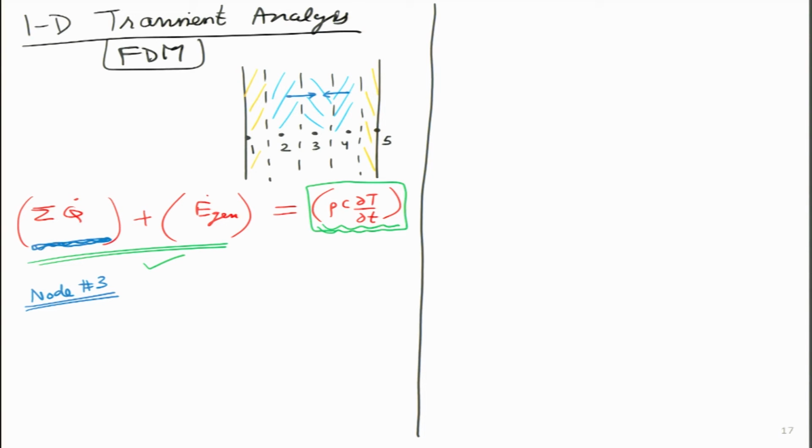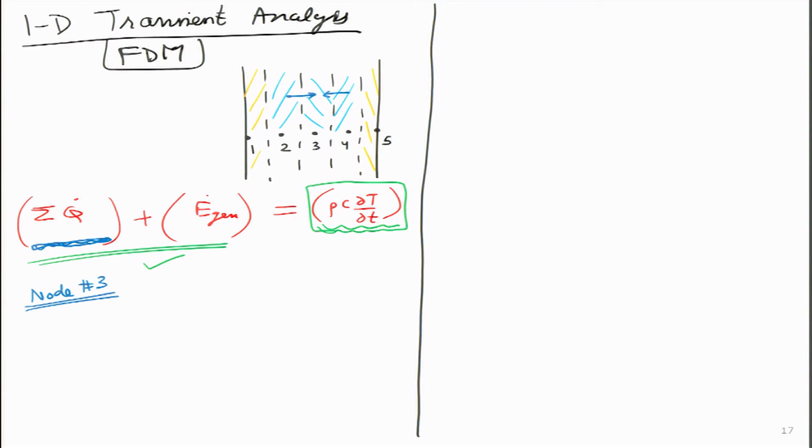We don't know the exact direction, so we will just add them together like I mentioned earlier, and the signs will take care of the direction by themselves. What will be the first heat conduction amount? That is simply T2 minus T3 divided by delta x. The second one will be T4 minus T3 divided by delta x.